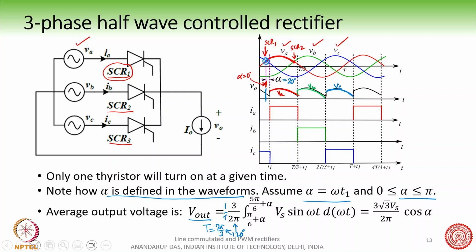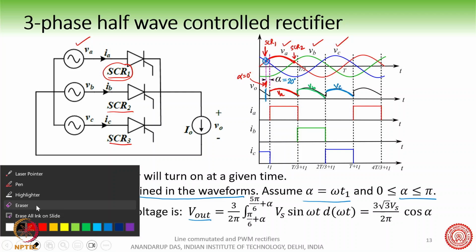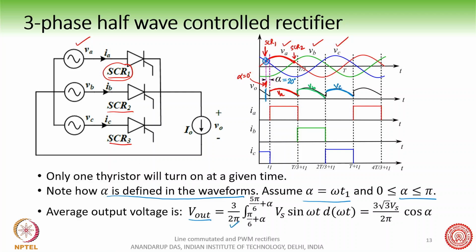So 3 by 2 pi, and from where to where? The conduction will happen from pi by 6 plus alpha to 5 pi by 6 plus alpha. As I told you, this point here is pi by 6, where A phase becomes maximum. So the starting point is pi by 6 plus alpha.